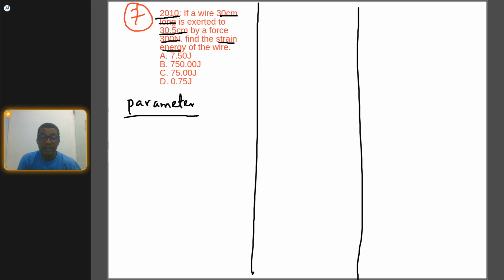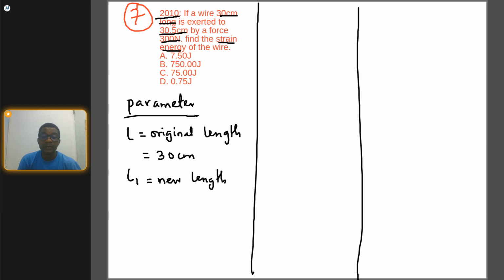We have the length, let's say L, to represent the original length, given to be 30 centimeter. Now we have L1 representing the new length after extension, given to be 30.5 centimeter.